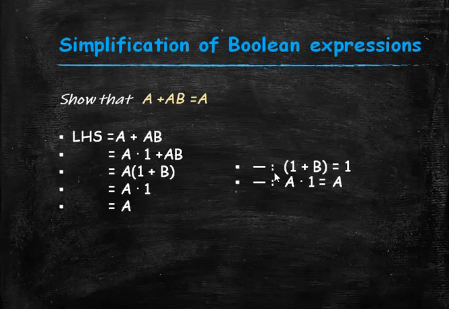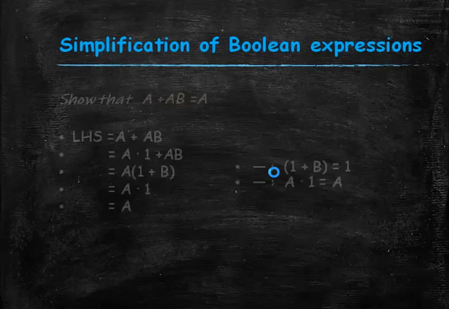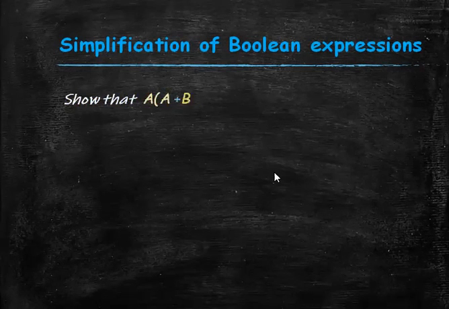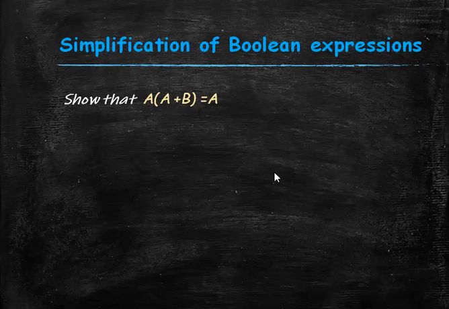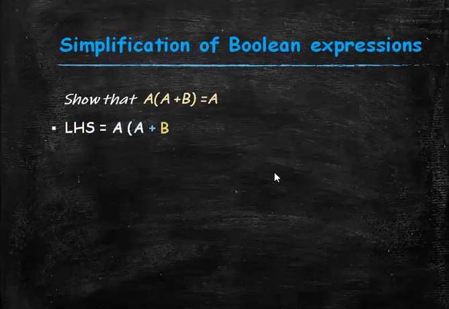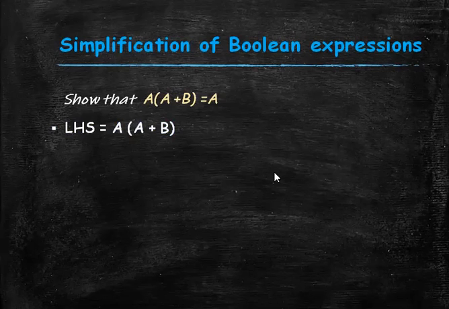Okay, we go to the next one. Question is, show that A and A or B is equal to A. It is the dual form of the previous one. To prove that, we must expand it.